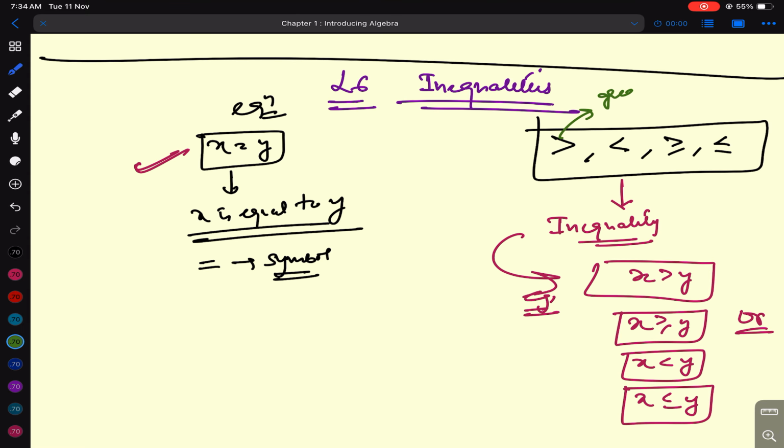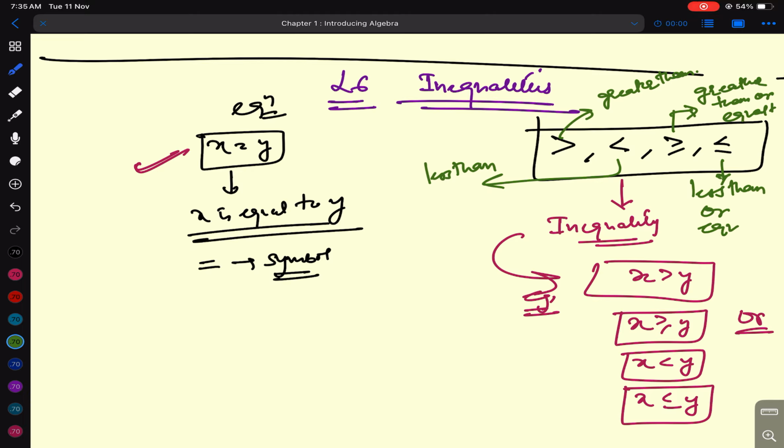The first one is greater than, the second one is less than, the third one is greater than or equal to, and the last one is less than or equal to.